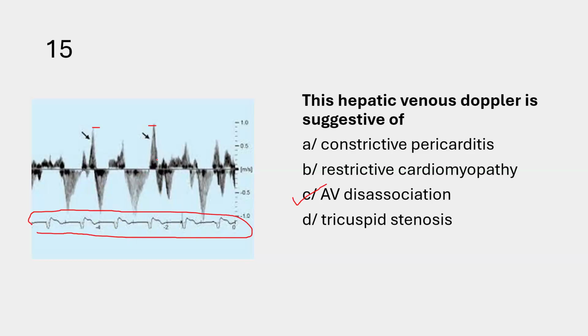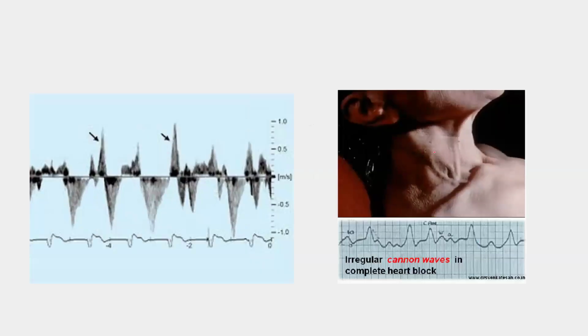So when the atrium contracts against a closed tricuspid valve, you have very high A wave, very high reversal back in the liver, represented by this high wave, which is canon A wave. And this is canon A wave. We can demonstrate it clinically. We used to see it clinically, but probably not anymore.